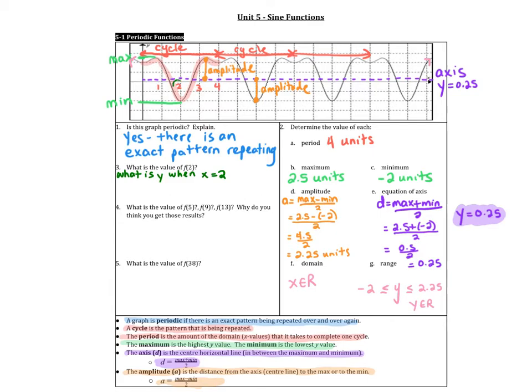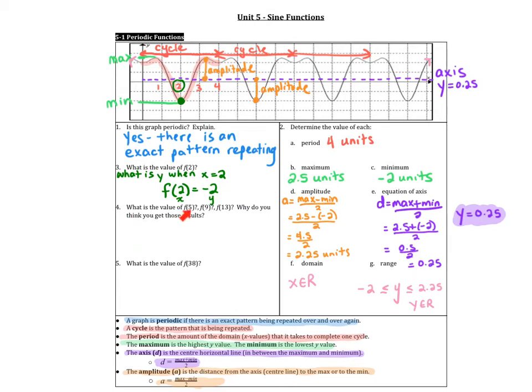So when x is equal to 2, right here, you can see that the point there has a y value of -2. So that means f of 2 is equal to -2. So that's just basically saying when the x is 2, the y is -2.